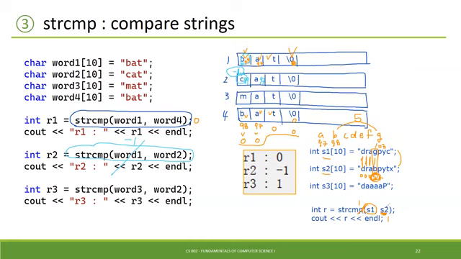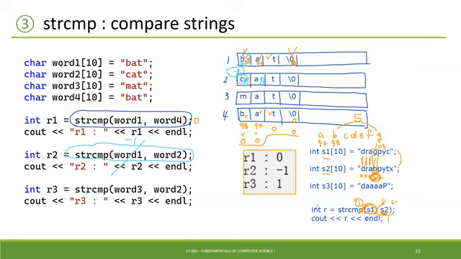So S2 comes before S1 in the dictionary, because this one means the first word has a bigger ASCII number. Bigger ASCII number means it appears after this one. Guys, does it make sense?